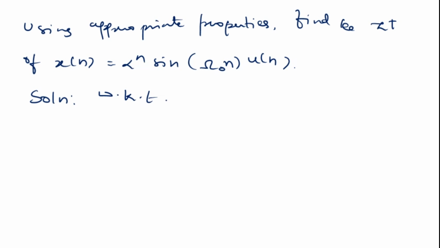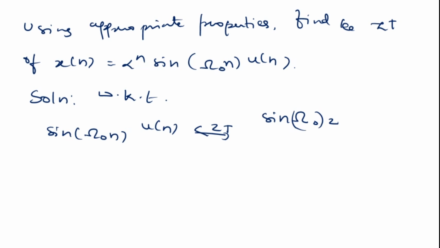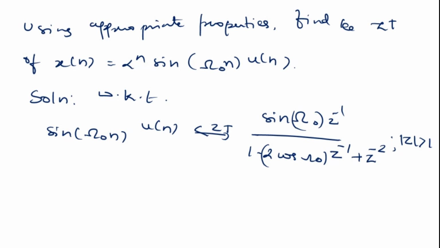We know that sine omega naught n into u of n, if you take the transform, is sine omega naught z inverse divided by 1 minus 2 cos omega naught into z inverse plus z to the power minus 2, with mod z is greater than 1.